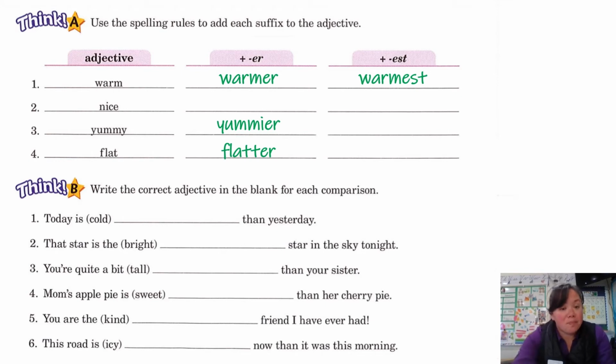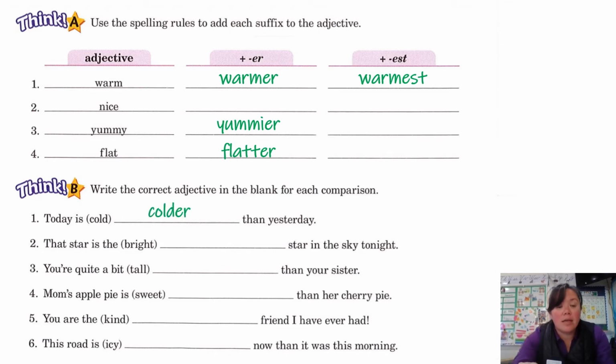On Think B, you're going to rewrite the word correctly, adding either ER or EST. And you need to remember if you're comparing two things. So let's look at number 1. Today is cold, colder, or coldest than yesterday. You're comparing today and yesterday. That's two things, so you're going to be using colder.